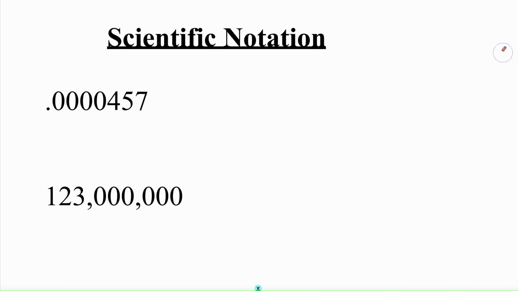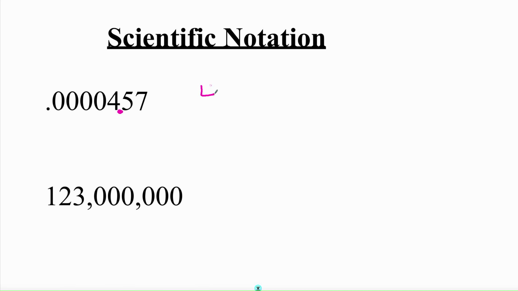So another topic that will show up on the Chapter 5 test is scientific notation. So these two numbers here are both written in what's called standard form. So if you're asked for standard form is this. It's the way that numbers are typically written, standard form. Scientific notation is where you rewrite the number with just one number in front of the decimal.